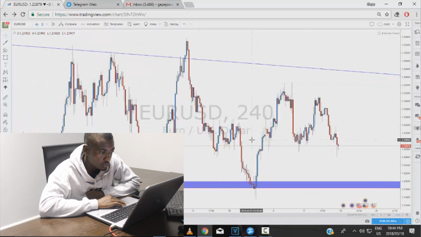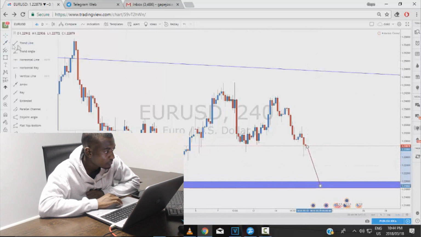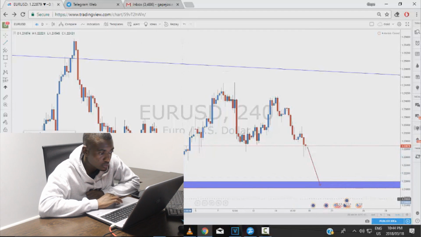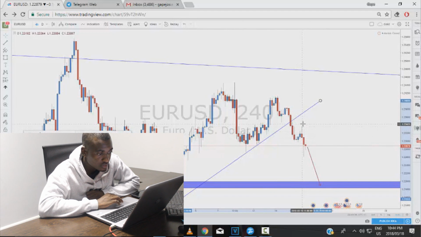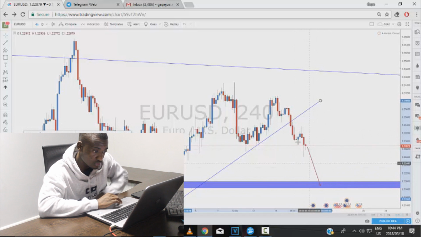We sort of also had a double top right here, to be honest with you. I believe that price may come back down to support, because it looks like price broke this counter trend line, went and retested. So I expect price to continue coming down to this low right here.